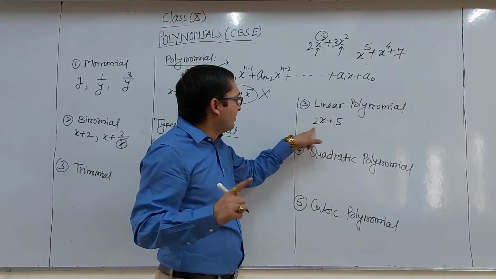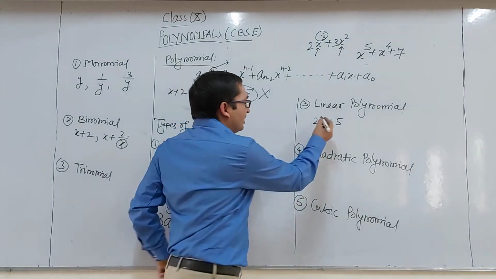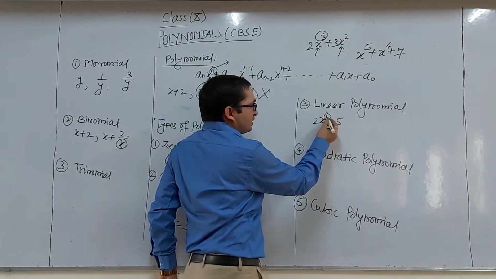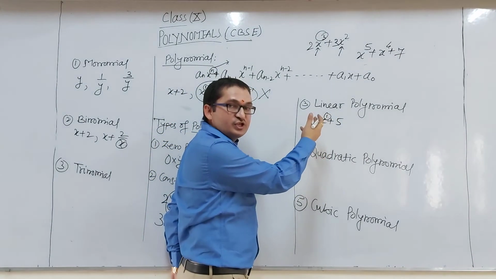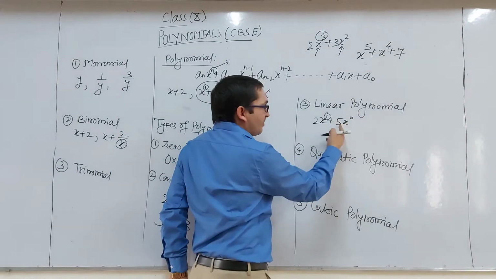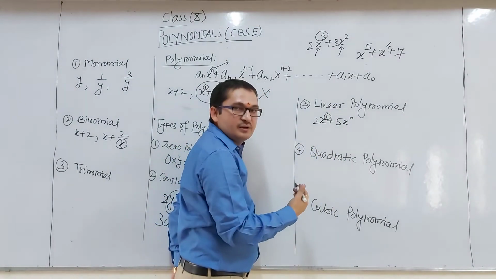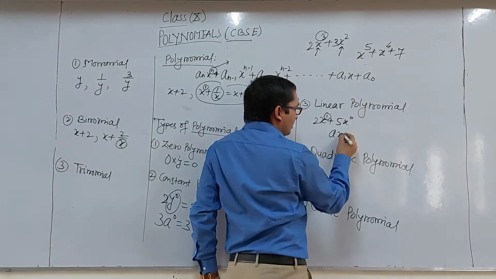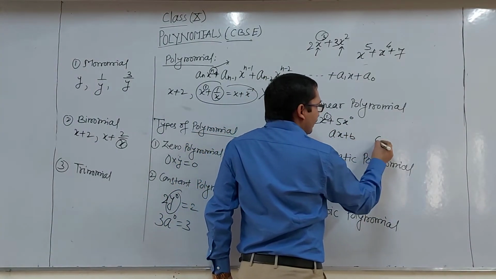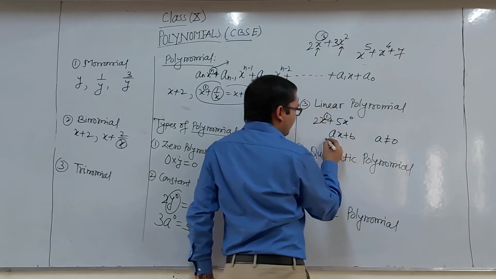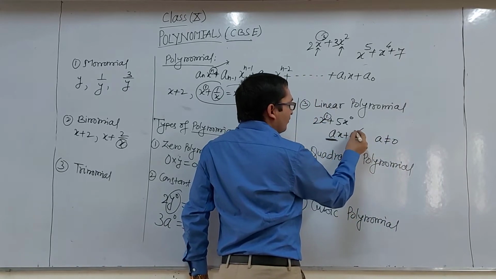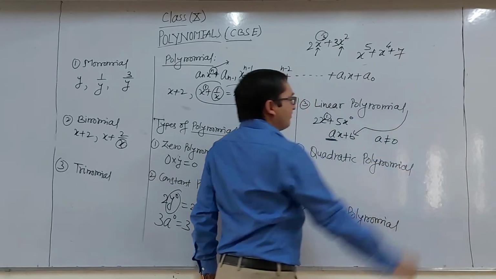Only one variable is given here, and the highest power is 1, so the degree is 1. Here also you can write 5 x raised to 0, so the degree is 1. So this is a linear polynomial. The standard form is ax plus b, where a should not be equal to 0. If this term is 0, it will be converted into a constant polynomial.